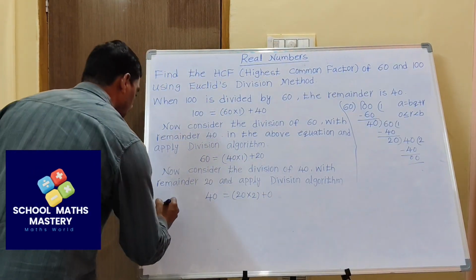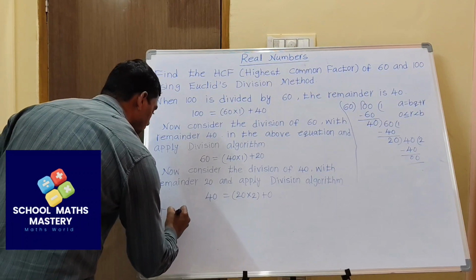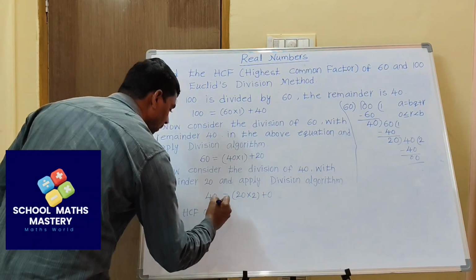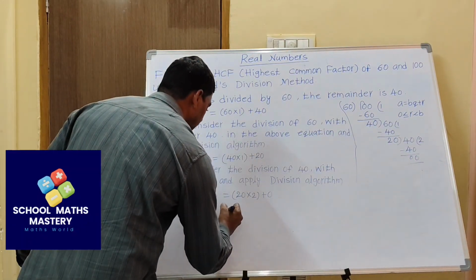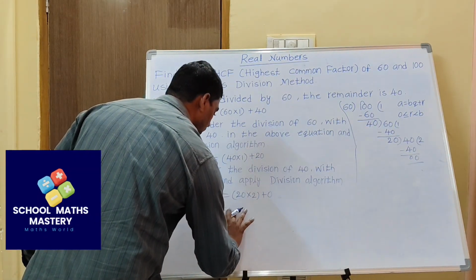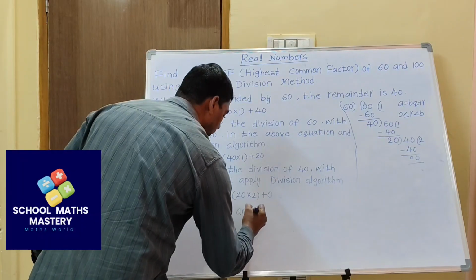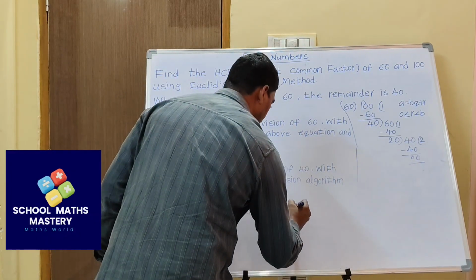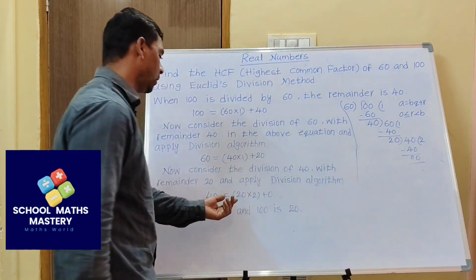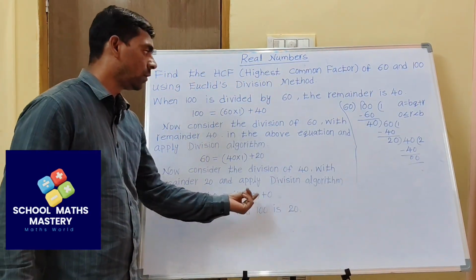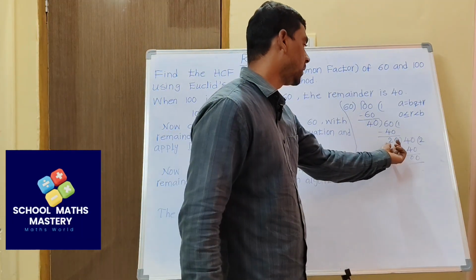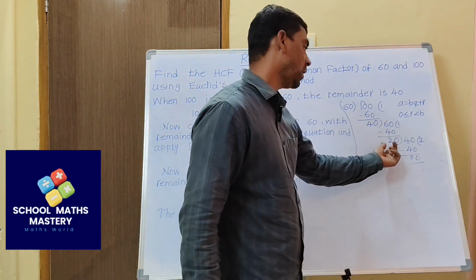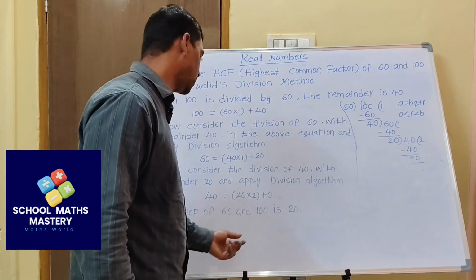Now the HCF of 60 and 100 is 20. Now we get HCF 20. This last divisor goes into the highest common factor. 20 is the highest common factor.